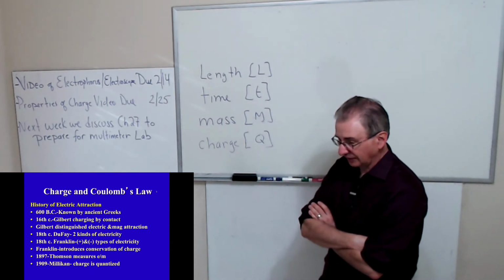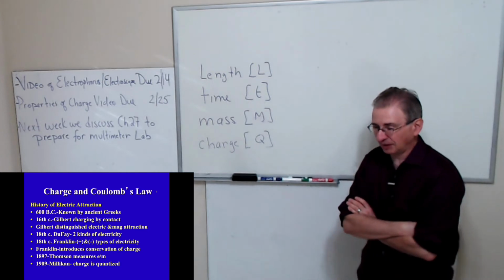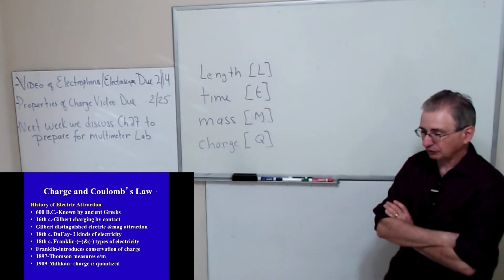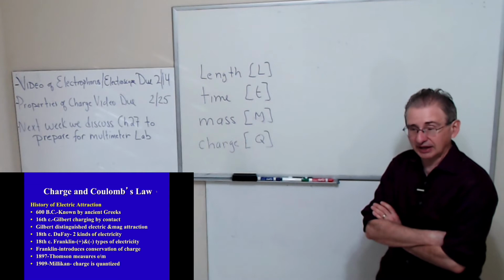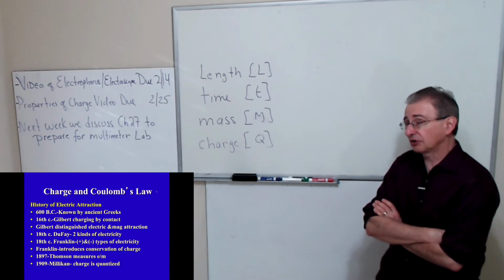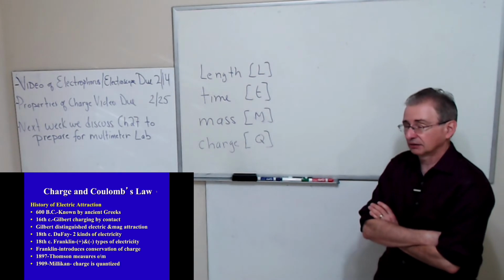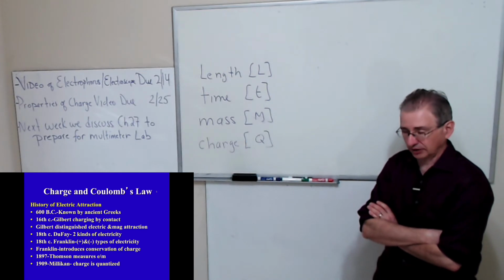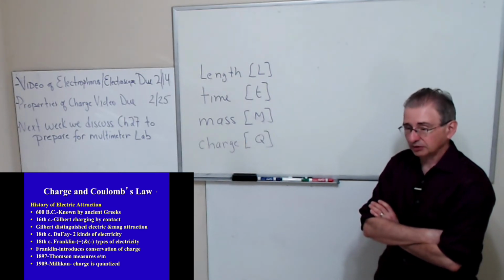He came up with the idea of plus and minus type charges. And Dufay and Franklin, around the 18th century, noticed that if you charge two things the same way, the materials will repel each other. If you charge them differently, then the materials will attract.